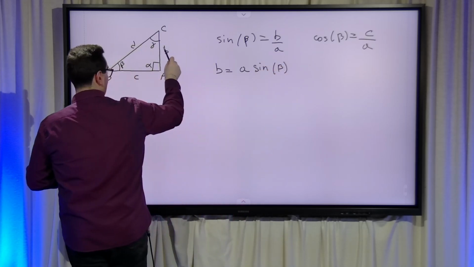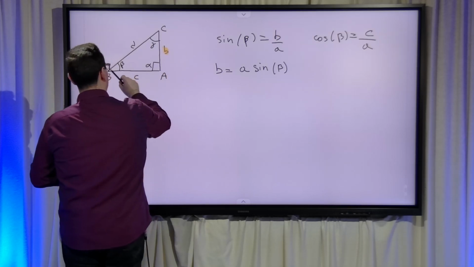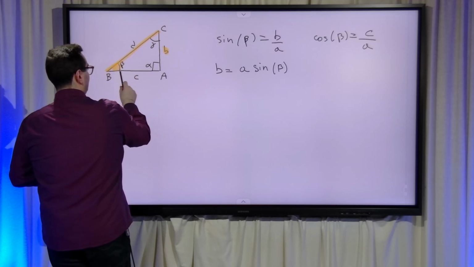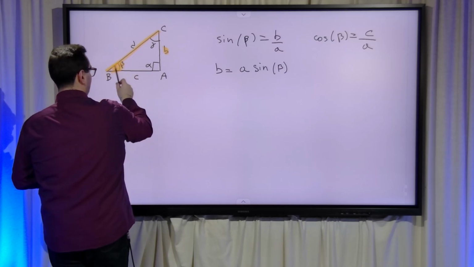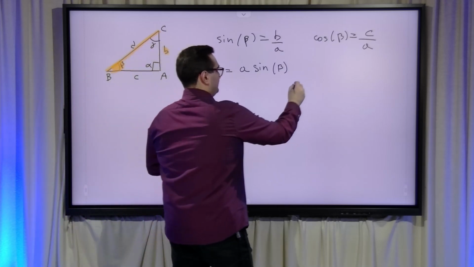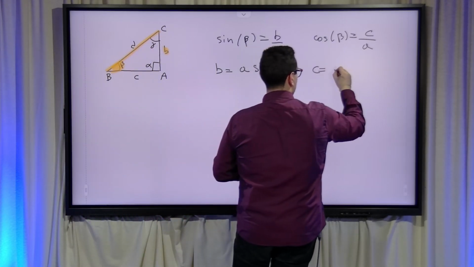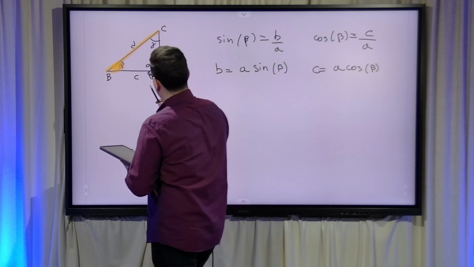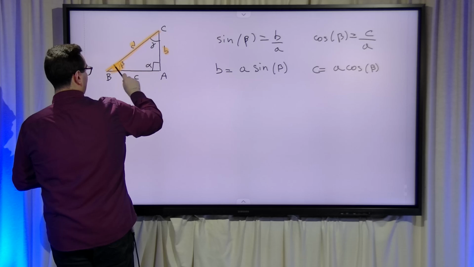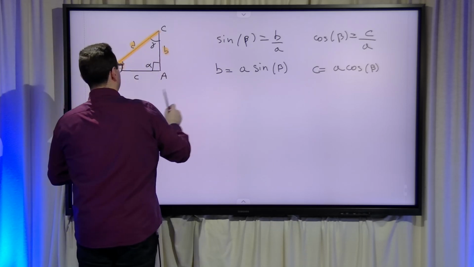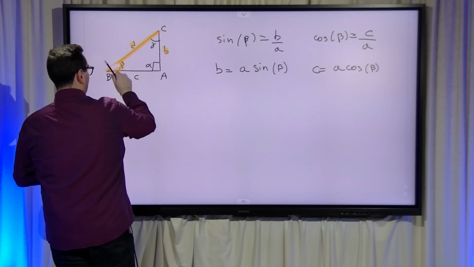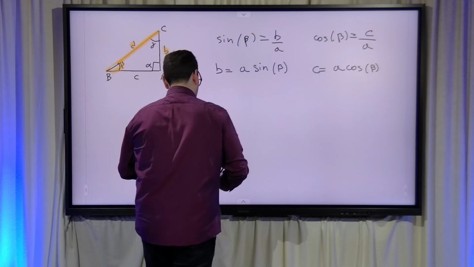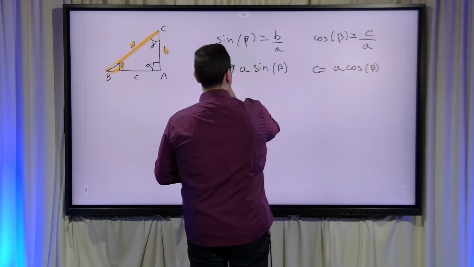So B is equal to A times the sine of the opposite angle, this one, while C is equal to A times the cosine of the adjacent angle, beta.